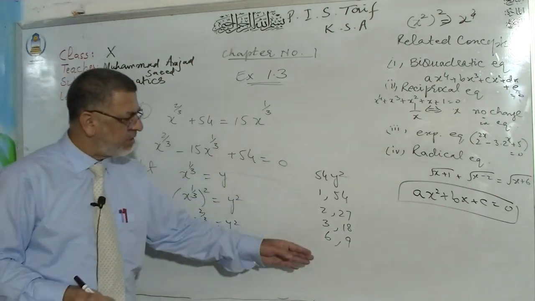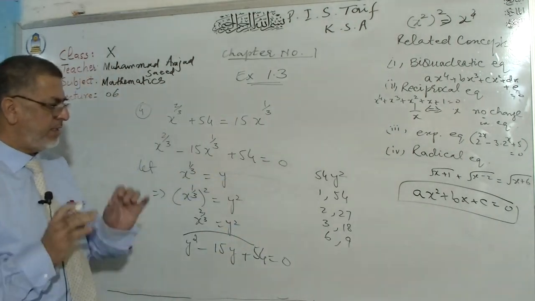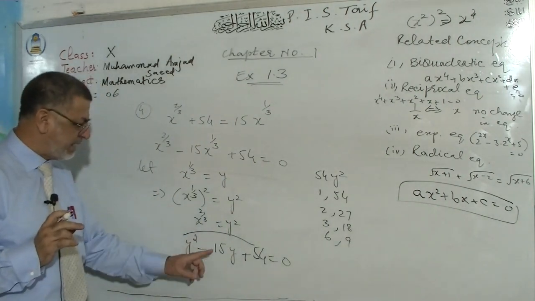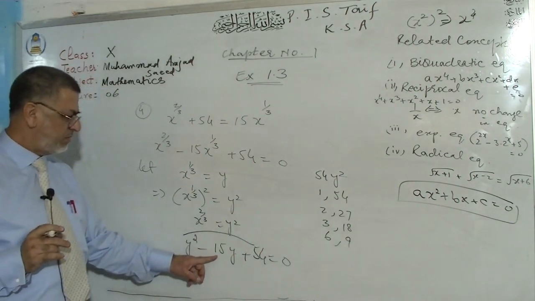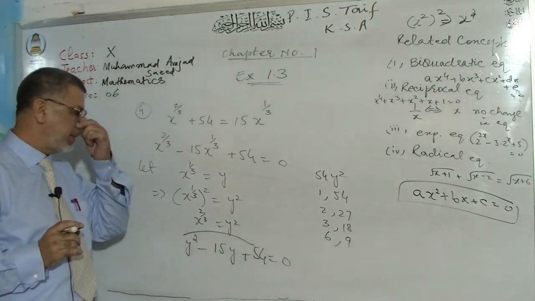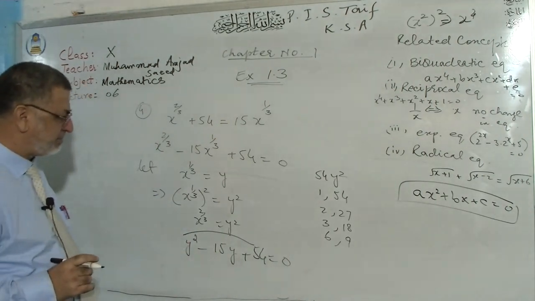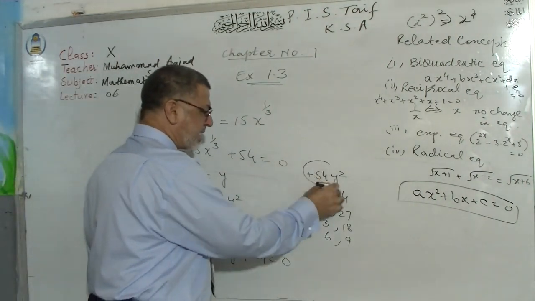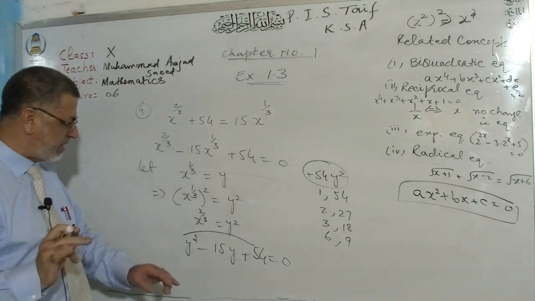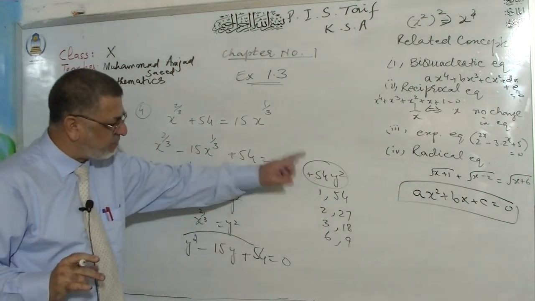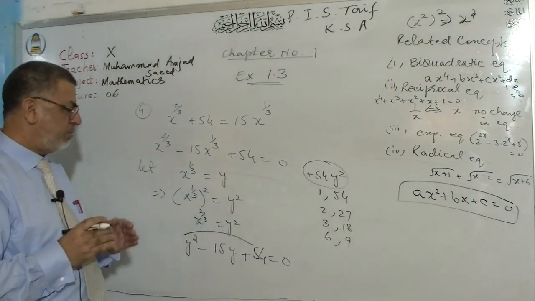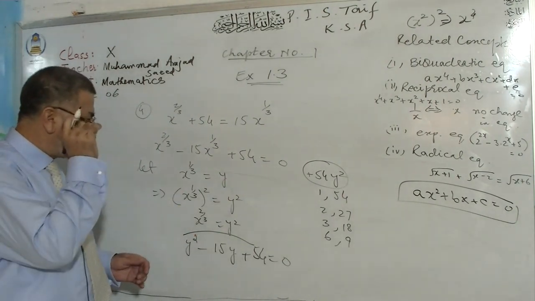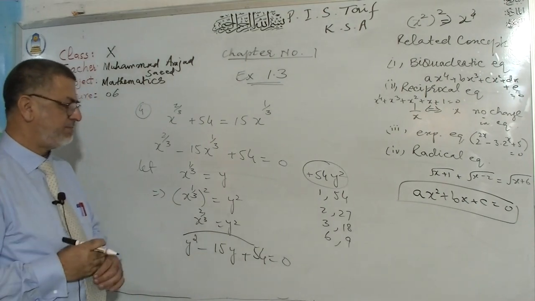These are the possible pairs, and you will find that pair which is adding or subtracting, you are getting 15. Remember that in case of multiplication, you must get plus 54. But in case of adding or subtracting, you must get minus 15.